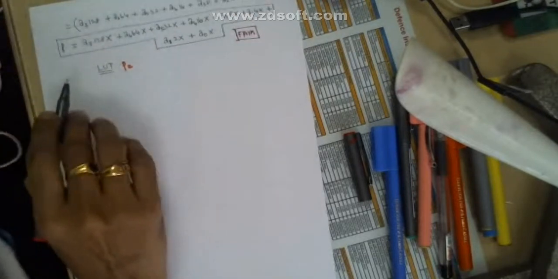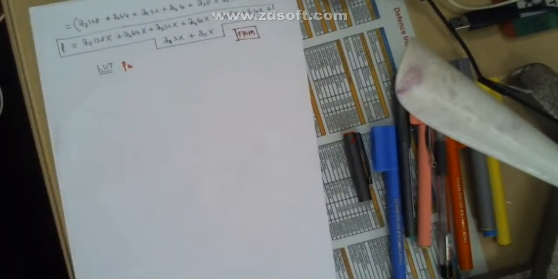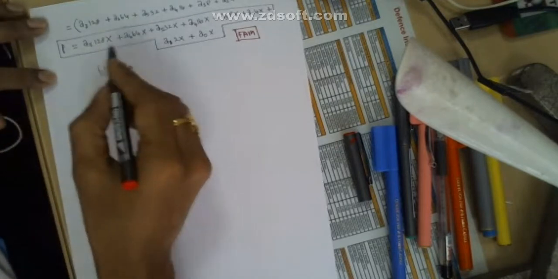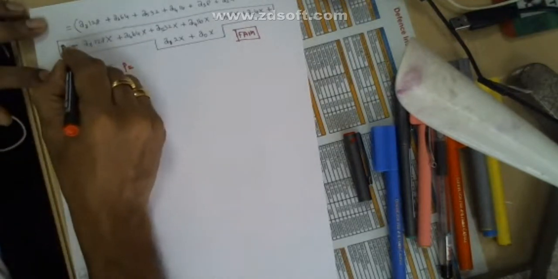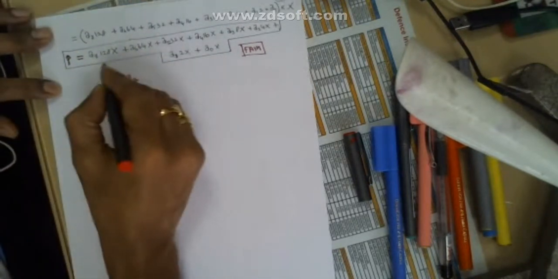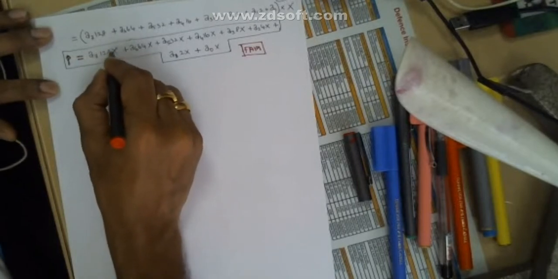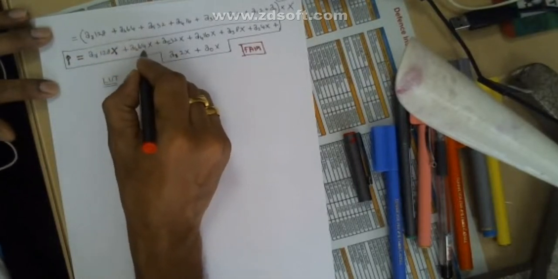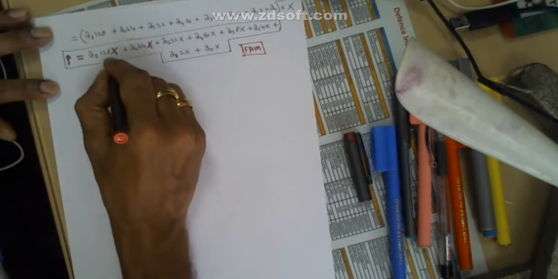After some Boolean expressions and discussions, we came to know that finally the product P can be represented this way: A7 times 128 times X plus A6 times 64 times X, where X is an integer now.